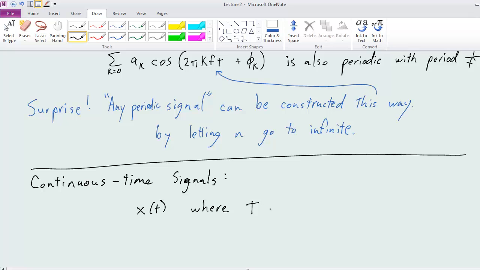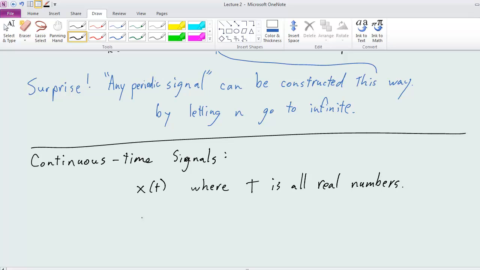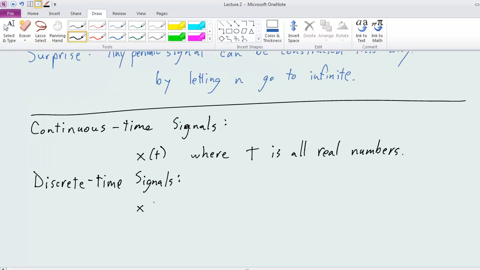For discrete time, we're talking about signals where the independent variable, the domain, is just integers.